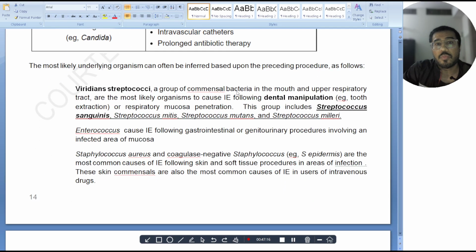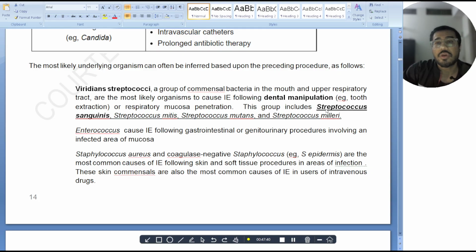Viridans, one more thing. Other organisms and bacteria of the viridans group of streptococci: this group includes Streptococcus sanguinis. You need to remember these names as well, because they're going to say the patient has a dental extraction, and the option you'll have is Streptococcus mitis, and you'll be like, I only studied viridans, where did this come from?